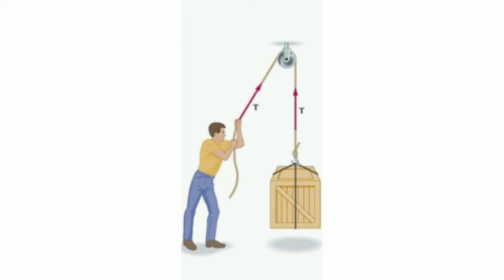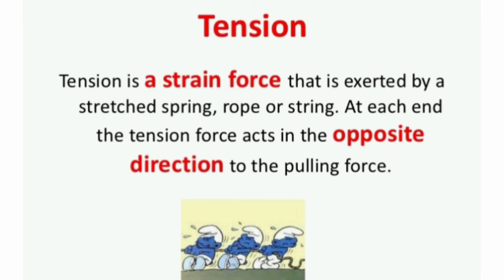So, tension is a strain force that is exerted by a stretched string, rope, or spring. At each end, the tension force acts in the opposite direction to the pulling force.